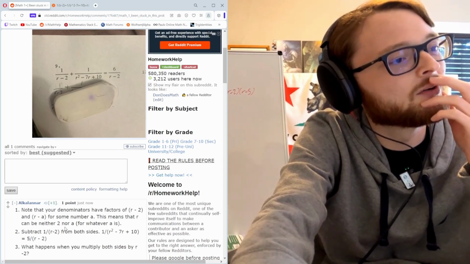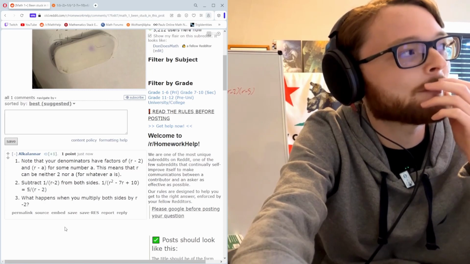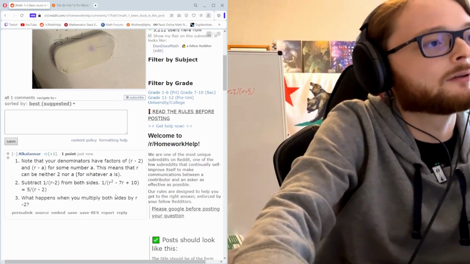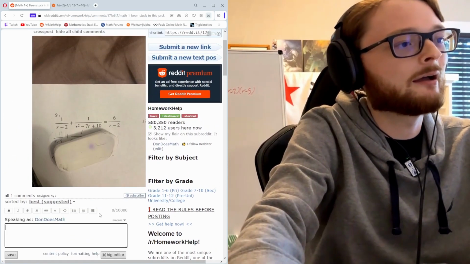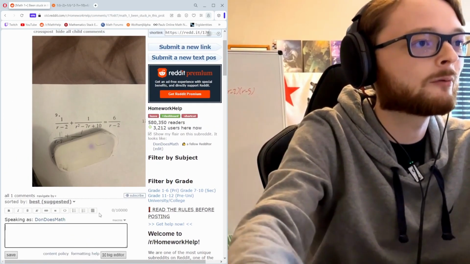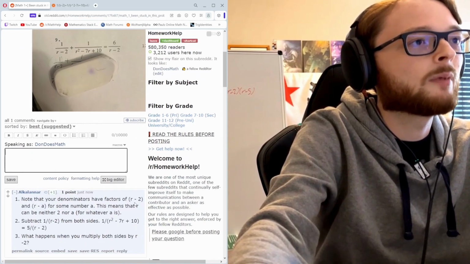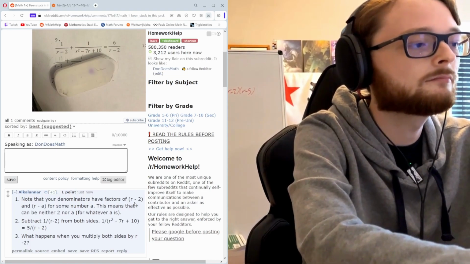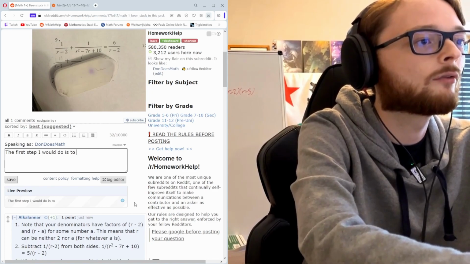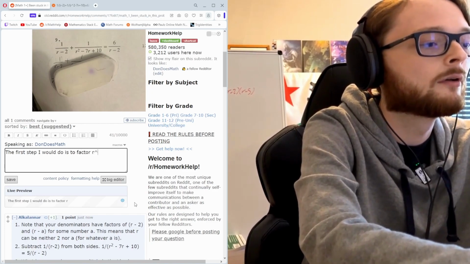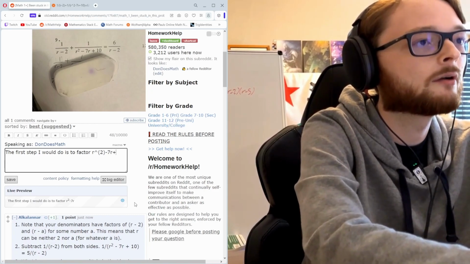I'm still gonna post here because I would take a different approach. I do like pointing this out, but I would phrase my answer a bit differently. So they said they've been stuck in this problem for a very long time. Any help? The first step I would do is to factor r squared minus 7r plus 10.